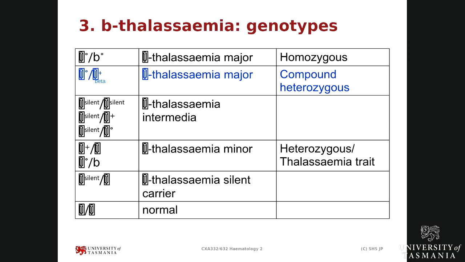The beta plus that you see here is a 5 to 30% decrease in the production of the beta globin chains, and the beta silent is there's only a mild decrease, so less than 5% of a decrease. So that's why, again, with these conditions here, so thalassemia intermedia and thalassemia minor, some of these are quite asymptomatic.